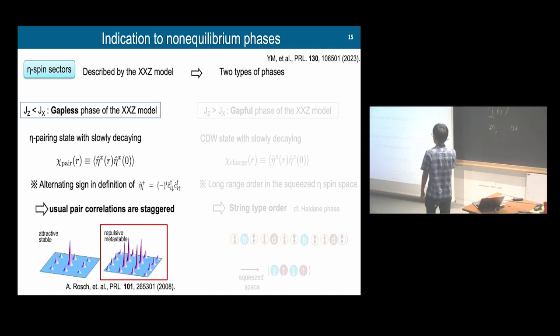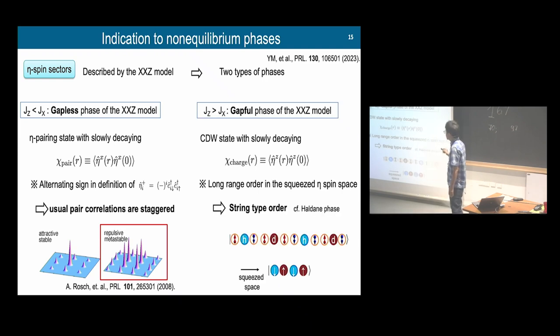When Jz is smaller than Jx, we have the gapless phase. And in the original electron language, this corresponds to the eta-pairing phase, which is characterized by the slowly decaying staggered pair correlation. This corresponds to the condensation of Cooper pairs with the center-of-mass momentum located at pi.